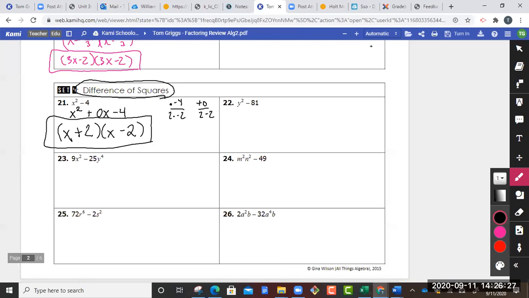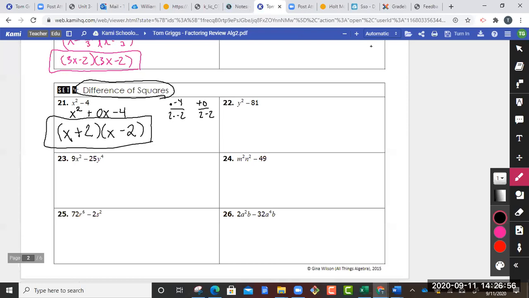I'll show you how easy this is on a more complicated looking problem. But you can see here, the square root of 4 is 2, so 2 goes here, 2 goes there. The square root of x squared is x, so x goes here and x goes here. They're opposites because there's a 0 in the middle on all of these problems. So they always have to be opposites.